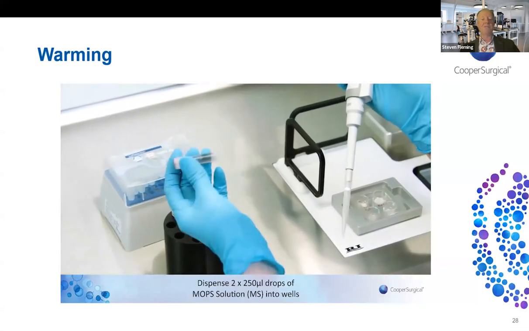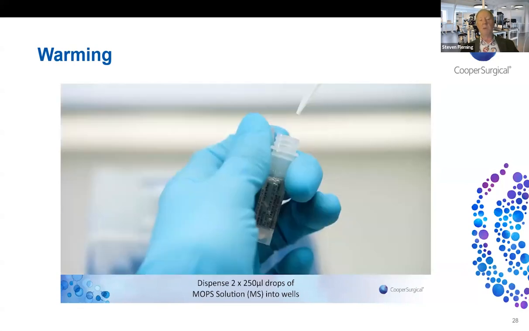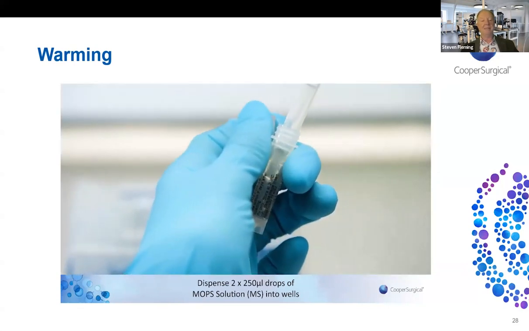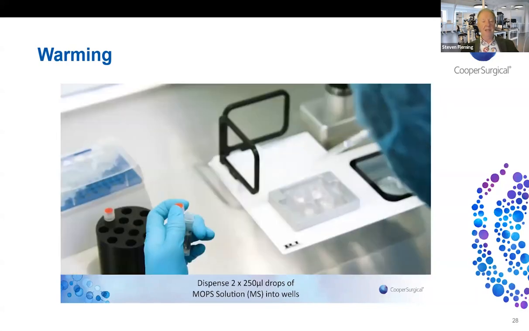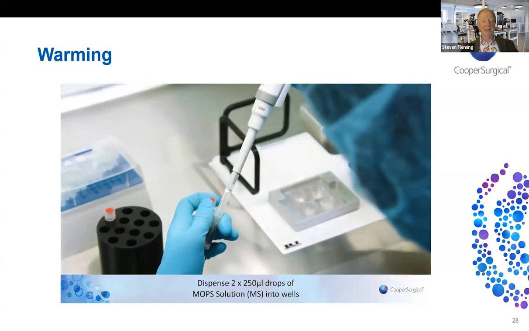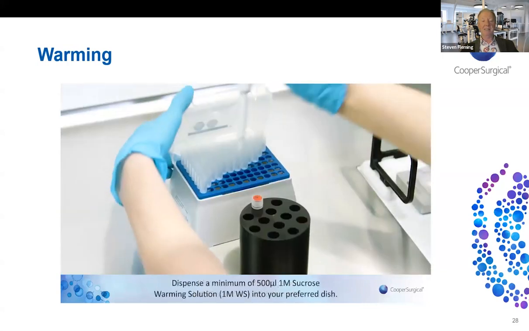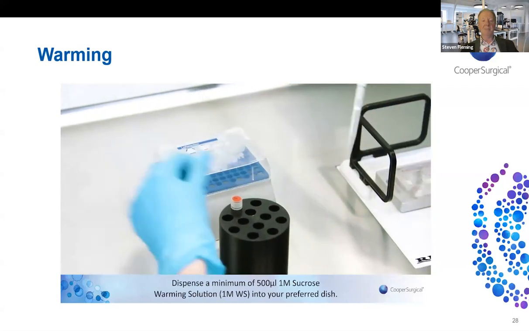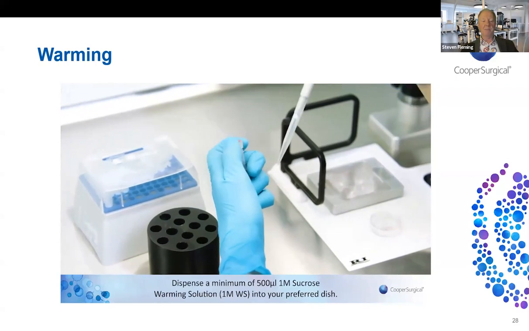And 250 microliter volumes of mop solution, in this case with this kit, into successive wells for your washing steps. Now, it's deliberately done this way because the last thing you want to do is to remove your warming media and your warming dish out of the incubator, so there's minimum time for those to warm up.